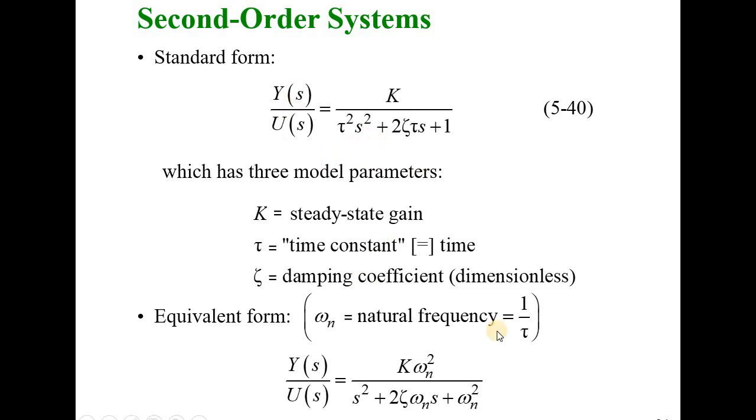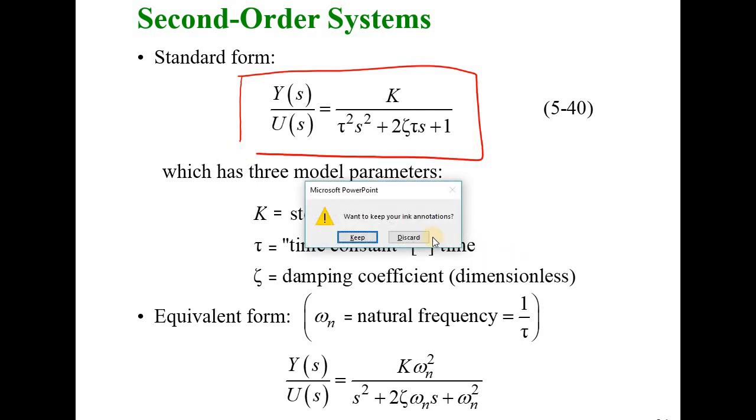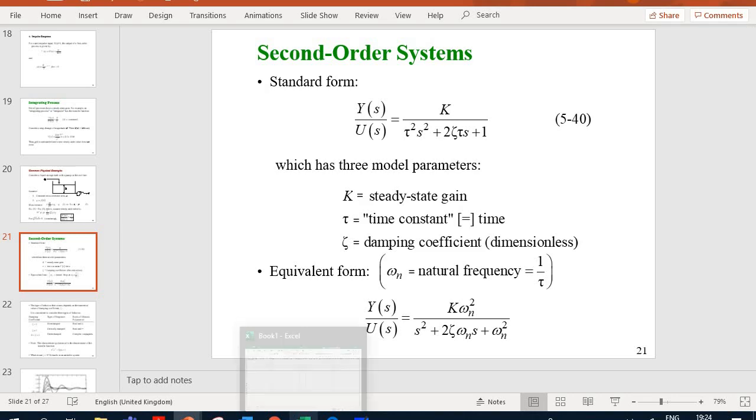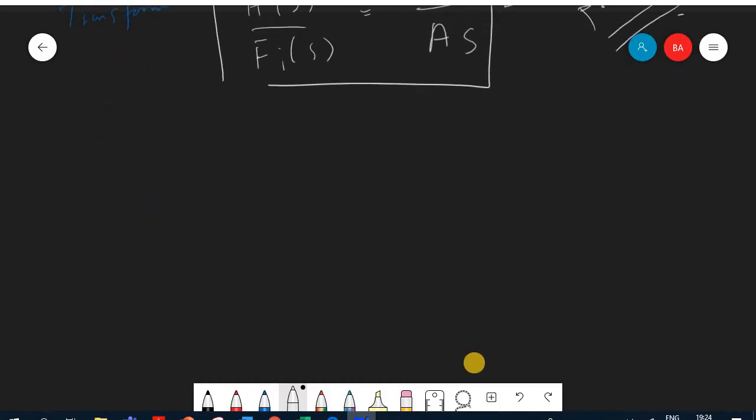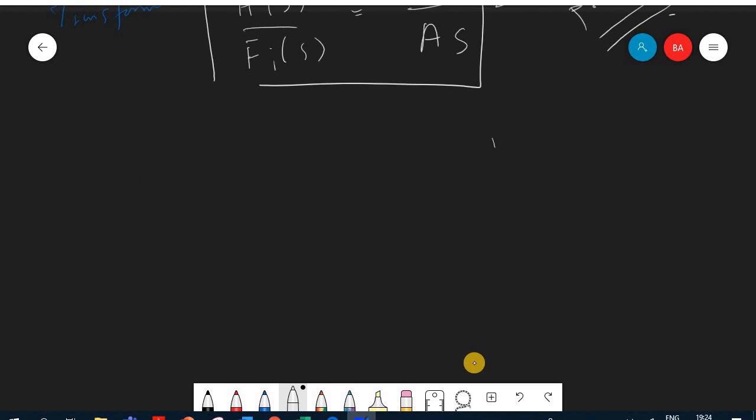So to start with, this is the standard form of my second order system. But I need to build this with you step by step, and I'm going to start by taking two tanks in series, just to get the idea of how a second order process is built. And then we can find out how the standard form is developed for us.